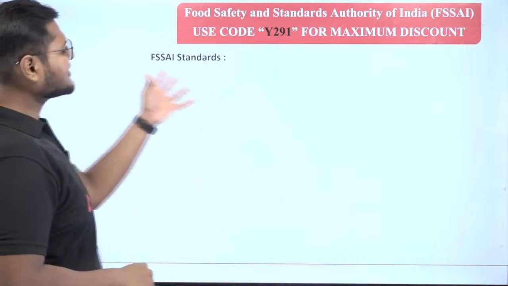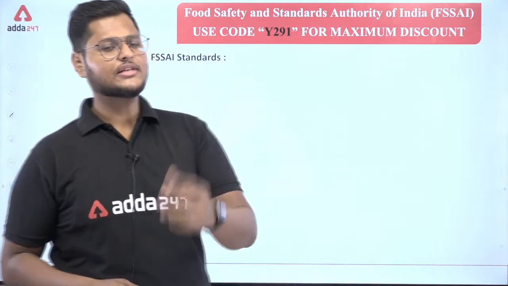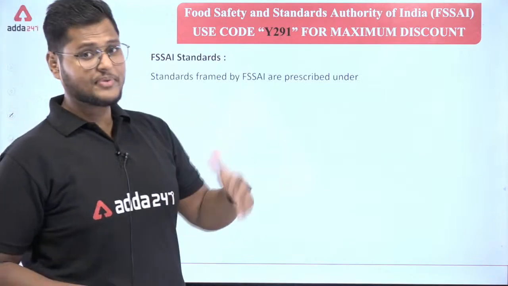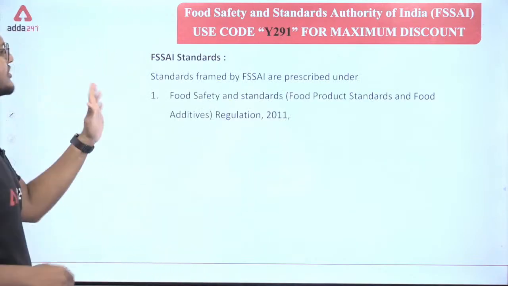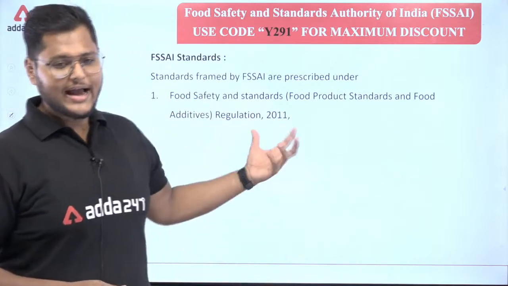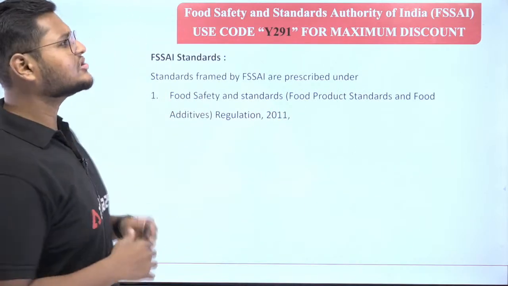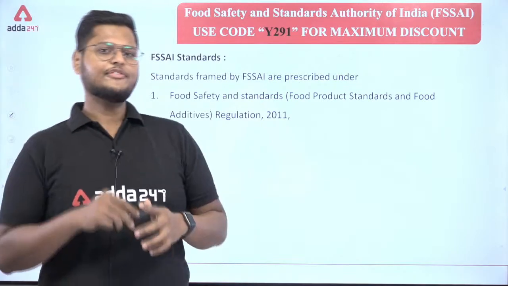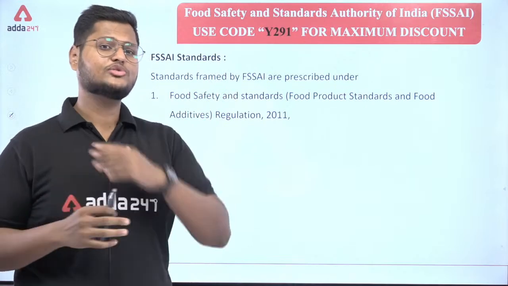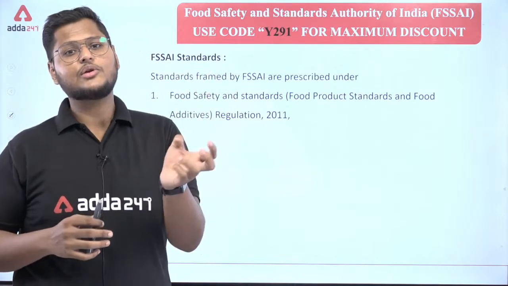Next, FSSAI standards. Now what are these FSSAI standards? Standards framed by FSSAI are prescribed under the Food Safety and Standards Product Standards and Food Additives Regulation 2011. There are so many regulations. FSSAI itself is a body where many different rules and regulations exist.